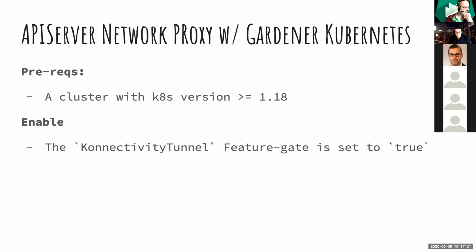And we have a feature gate that you can use to enable that feature. The feature gate is called the connectivity tunnel. Once set to true, either the control plane will be migrated to use the proxy server and the client, or if you're creating a new shoot, then it will be created from scratch.